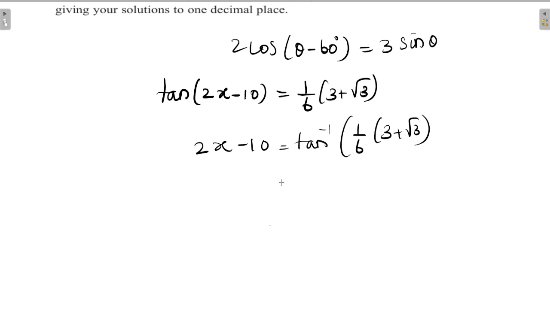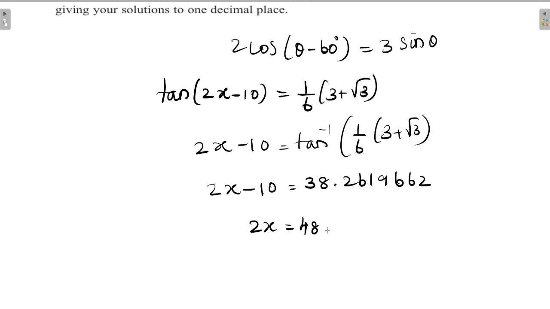By using the calculator, this value gives 2x minus 10 equal to 38.2619662. Adding 10, 2x is equal to 48.2619662.